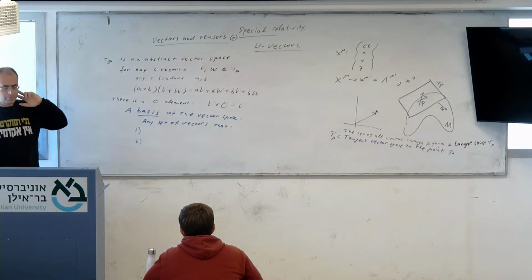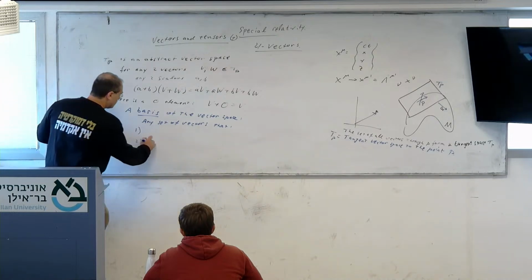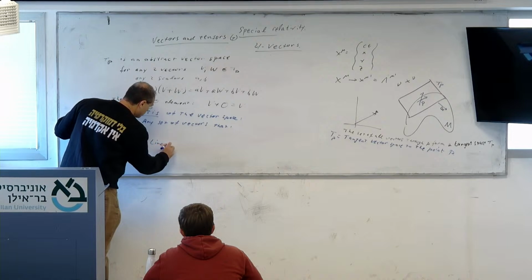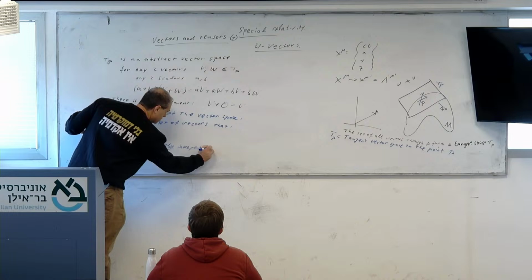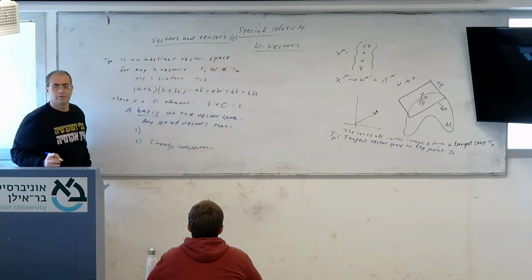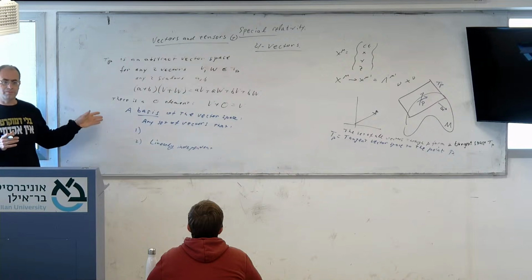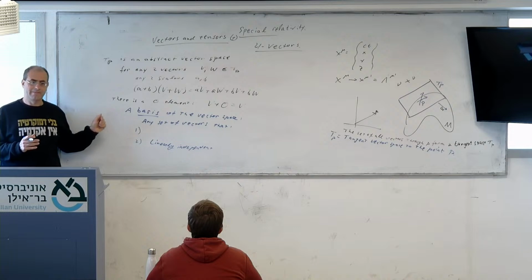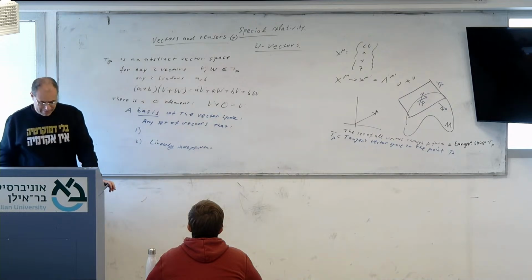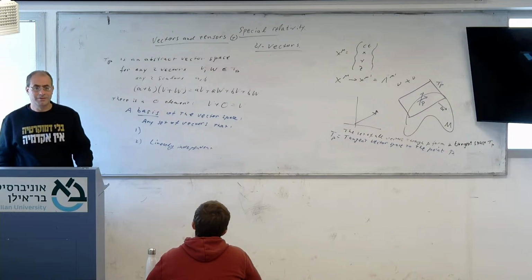Linearly independent. What's the first requirement? The number of such vectors has to be the same as the dimension of the space. That is an outcome.